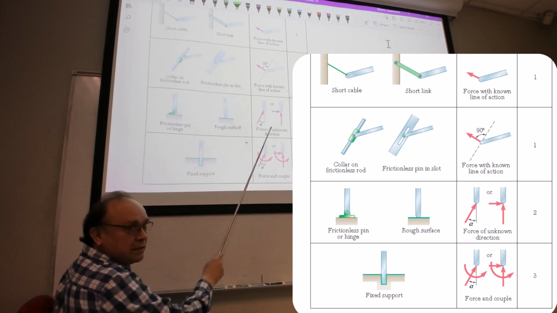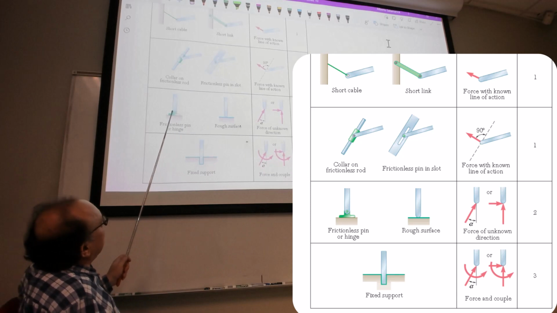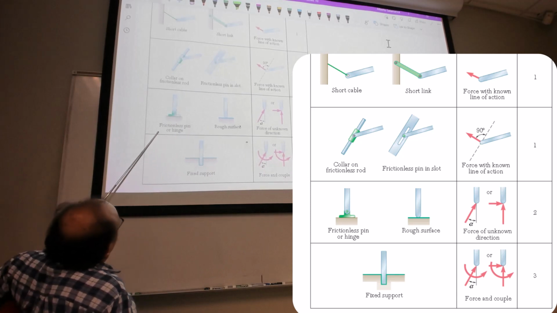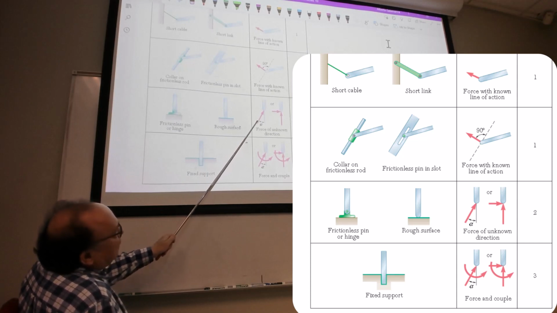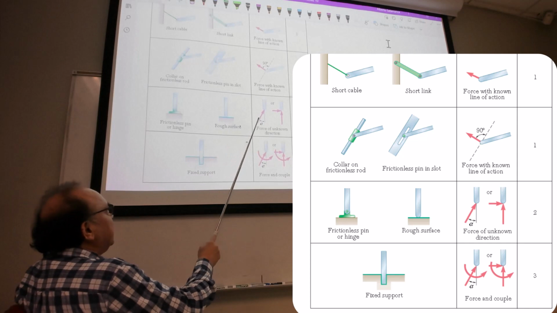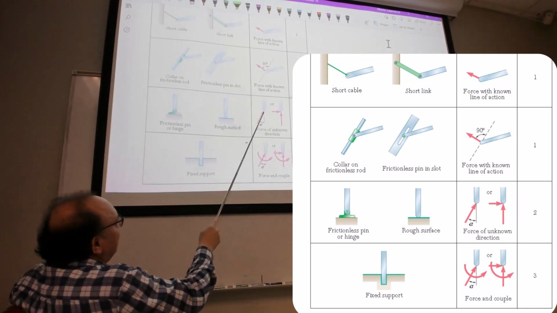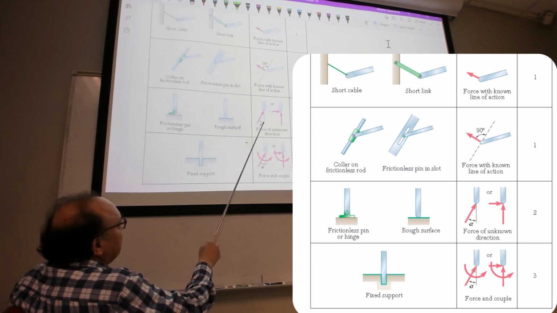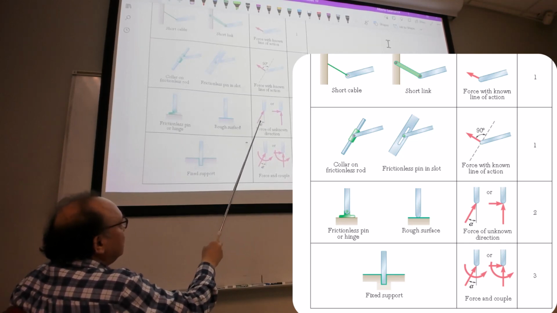So that's why you know that these four exist. Actually, what is happening here is there will be a force in some direction that we don't know, more like this, and we don't know the angle. So we can consider this as a force at a direction that I don't know. So I have the magnitude of the force and the angle.